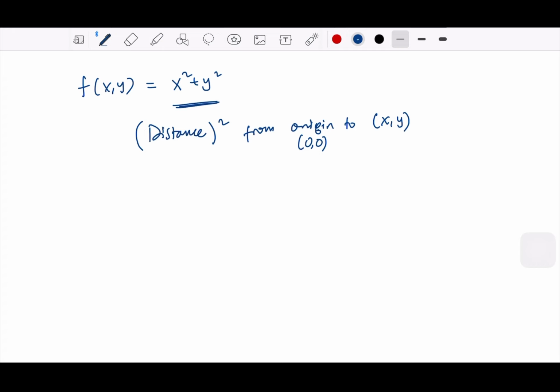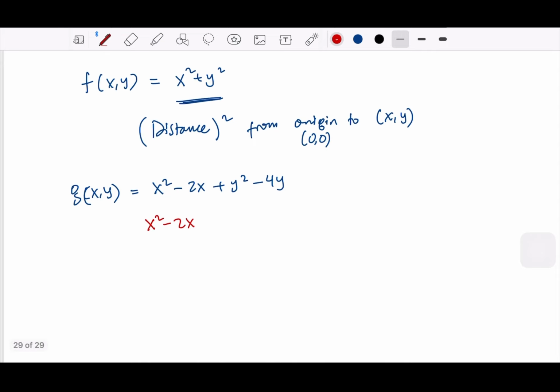Okay, now if we look at g in a clearer way, if we try to complete the square, this will be plus 1, this will be plus 4, right?